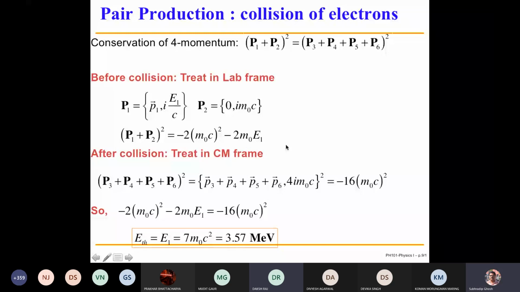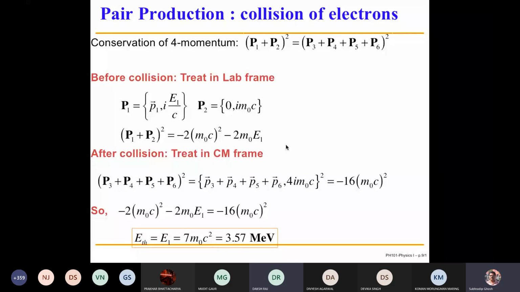Now, after the collision, I will treat the entire system in the center of mass frame. As I said, since the 4-momentum vector is conserved, the magnitude is invariant from one frame to another frame. So I'm free to choose any frame I want. Before collision, I treat it in the lab frame.